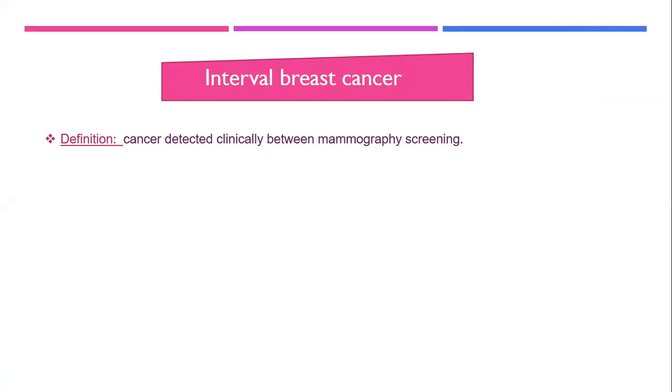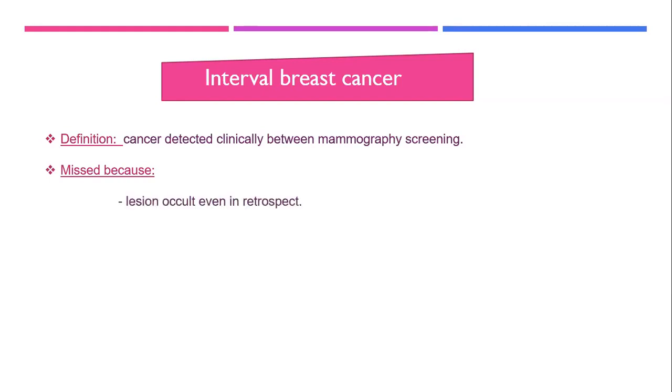The patient had mammogram screening and was reported as negative, and before the second round or the second year mammography, she was diagnosed with breast cancer. This is an interval cancer. So it is a missed cancer.